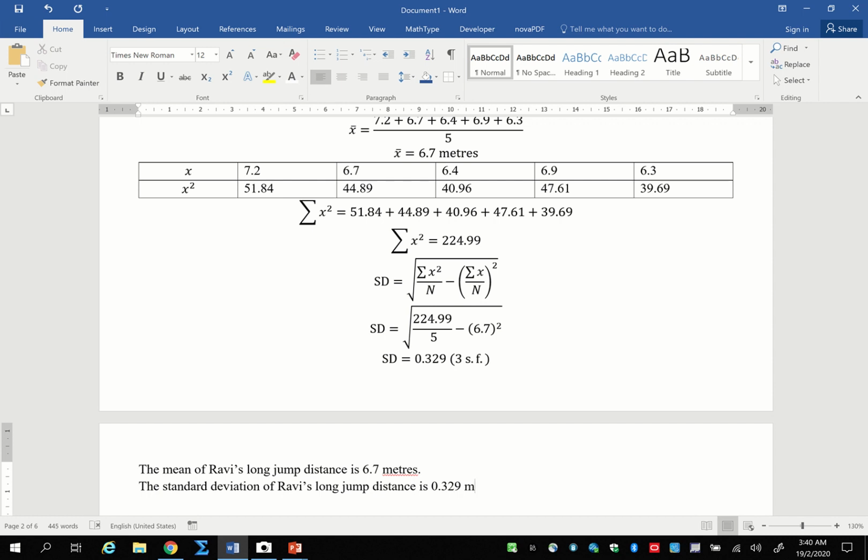Again, we round off to three significant figures.